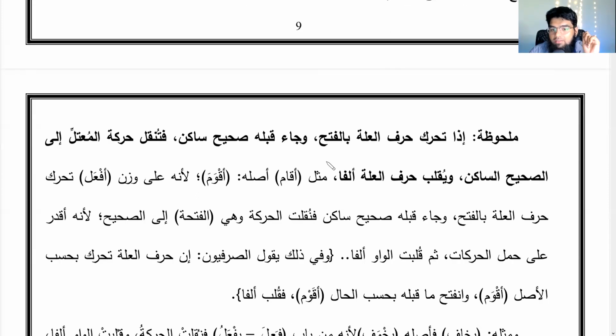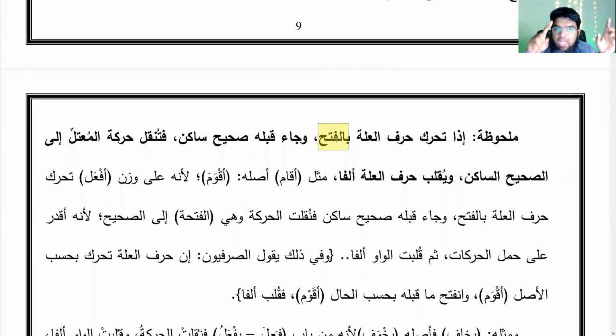إذا تحرك حرف العلة بالفتح. Now this is only applicable if the haraka of the weak letter is a fatha. Malhuda. This should actually have been another rule, but it's like a mixture of two rules. So he says, إذا تحرك حرف العلة بالفتح.